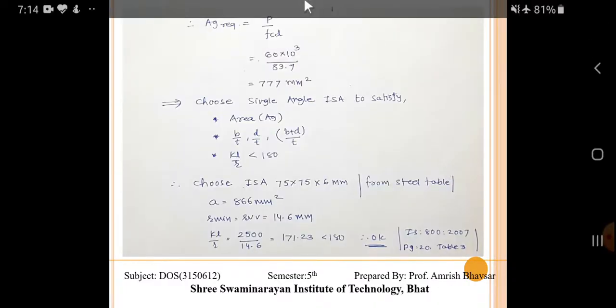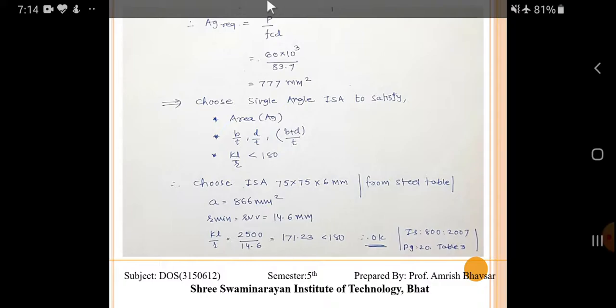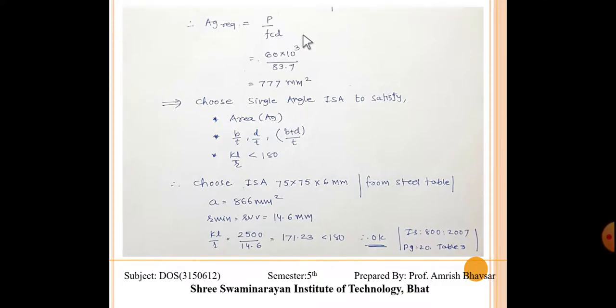Now we have the equation given on page number 34, that is P is equal to A into FCD. We rearrange it as AG is equal to P upon FCD. Now we have this P, so the required area we will get is 777 mm square.